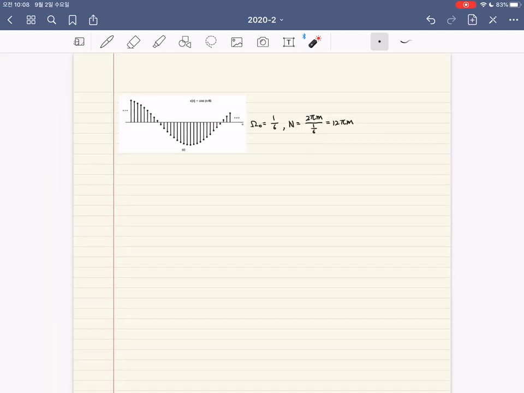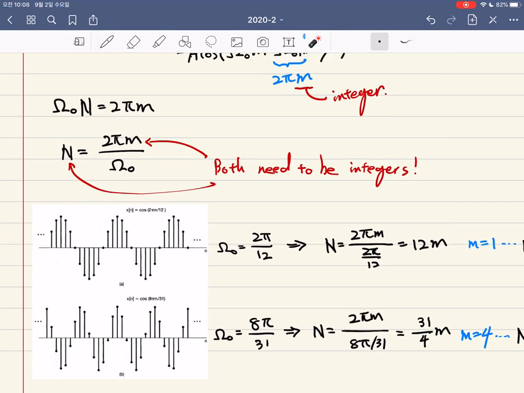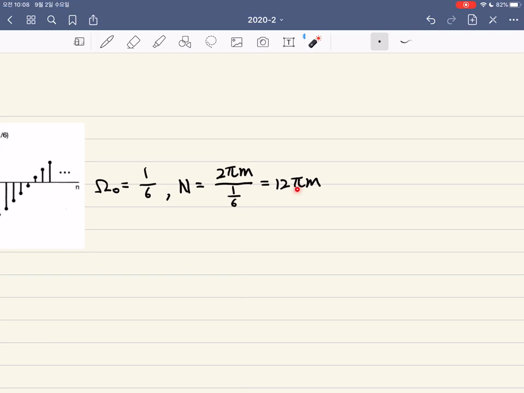If you compare the third equation with the previous two, there's a pi here that is not cancelled. And you know that pi is an irrational number.